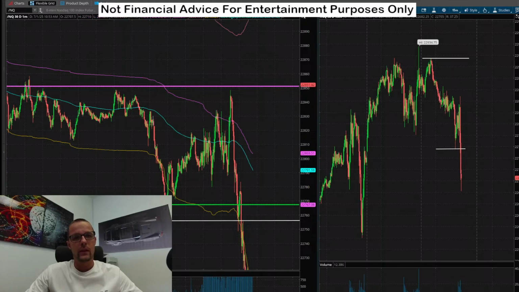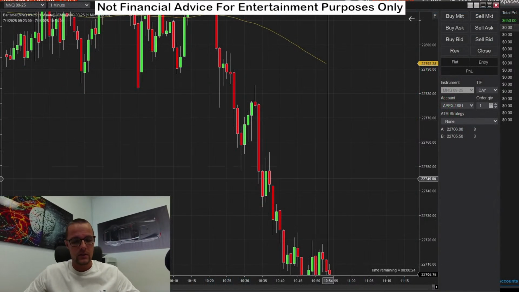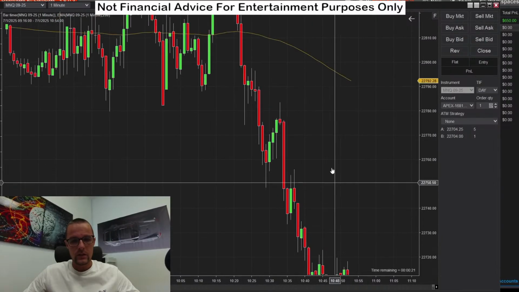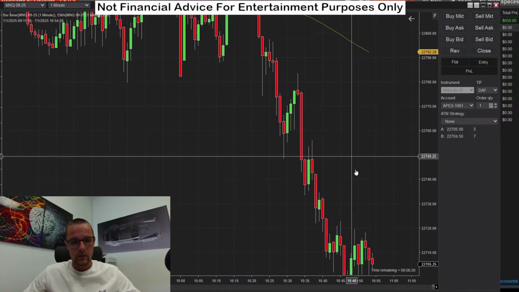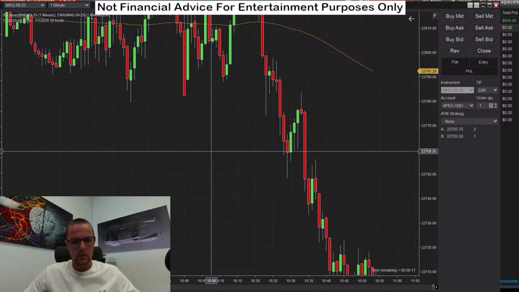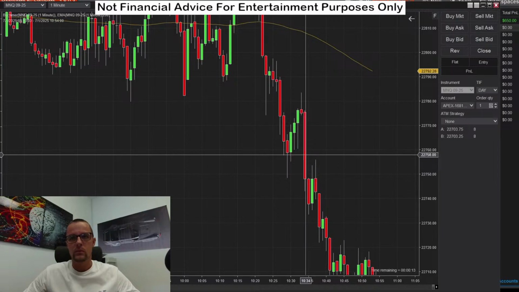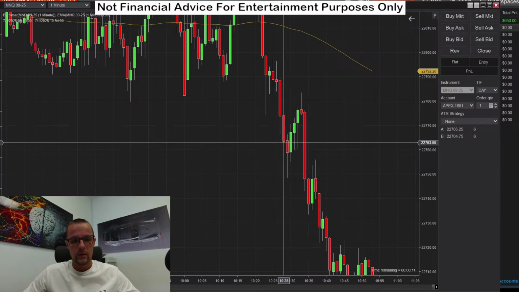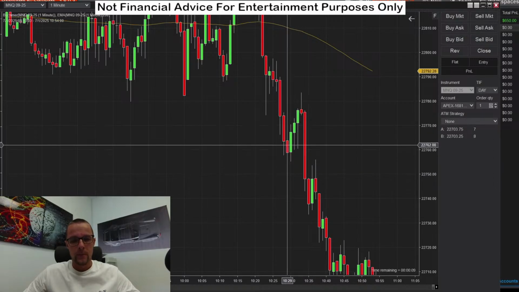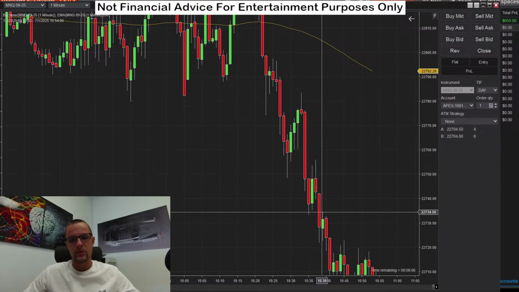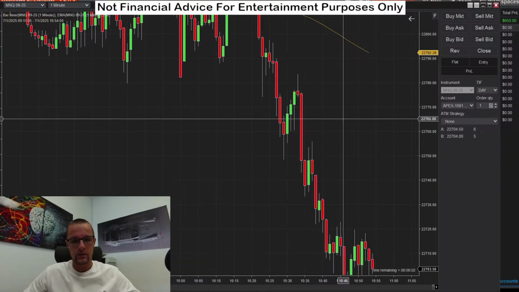And that's the cool thing about that strategy. It took out the low right here, and then it respected this gap and just dumped. So I never got an entry.